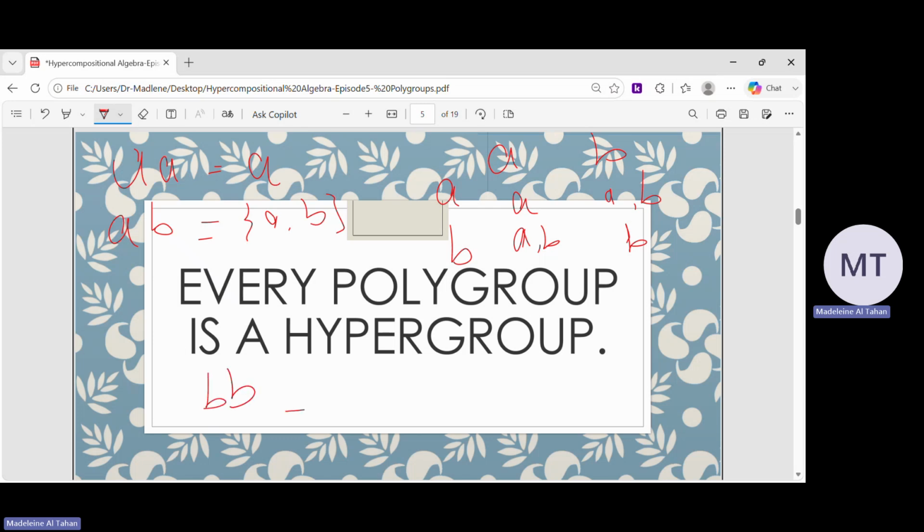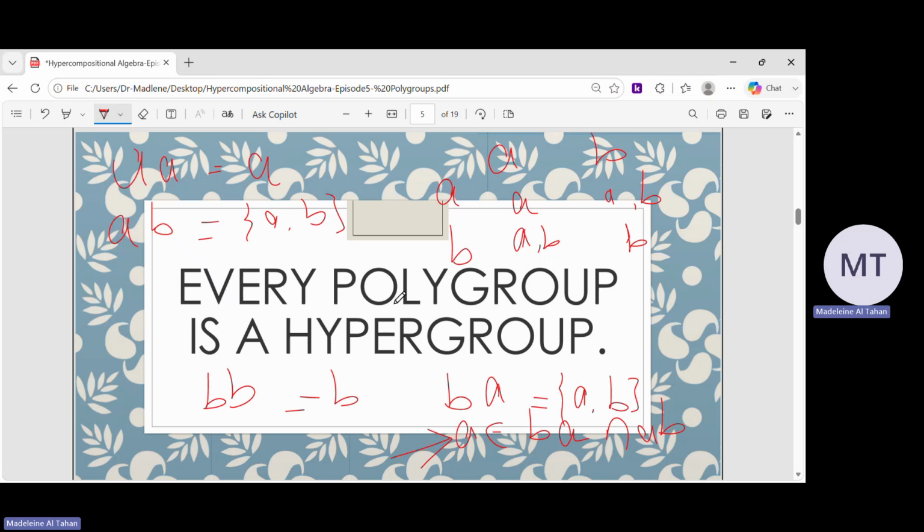Also, we have BB equal B, and B times A is equal A. So if you look here, A belongs to AA intersection AB. So in this case, A is an identity. And also the same here, B belongs to AB intersection BA. So B as well is an identity.